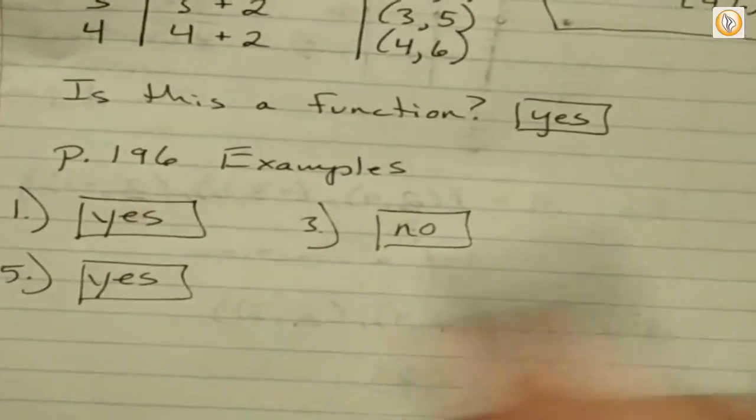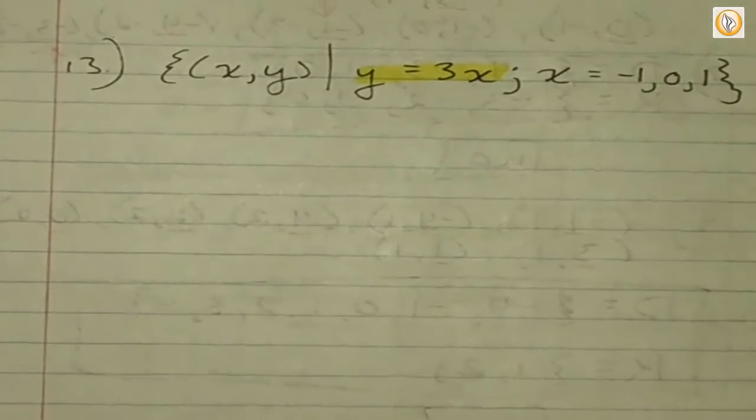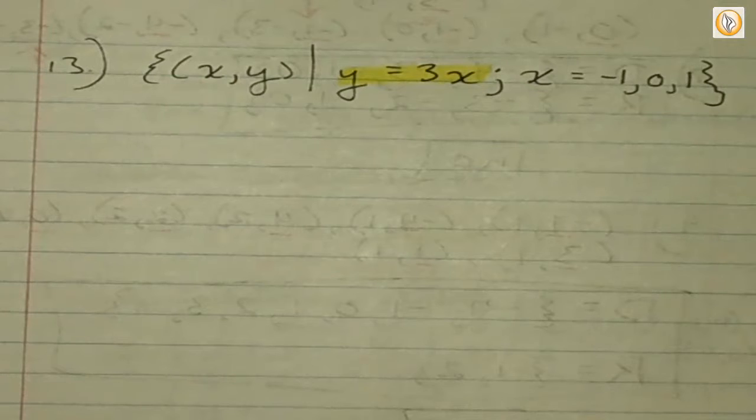All right, we started working in the book. The last one we did, we had just started 13. Okay, pay very close attention to 13. It says represent each function as a set of ordered pairs and graph the functions.